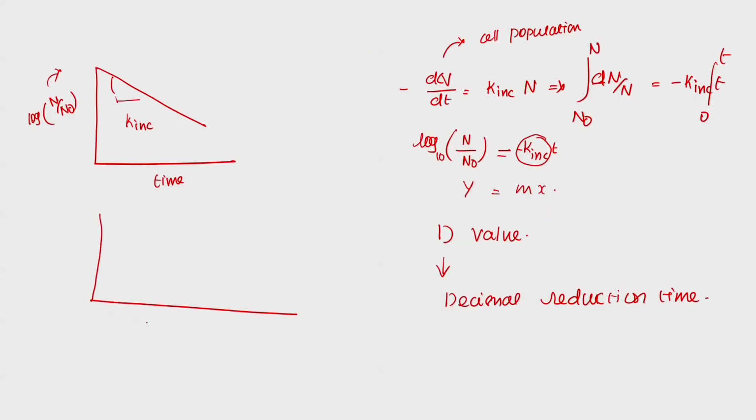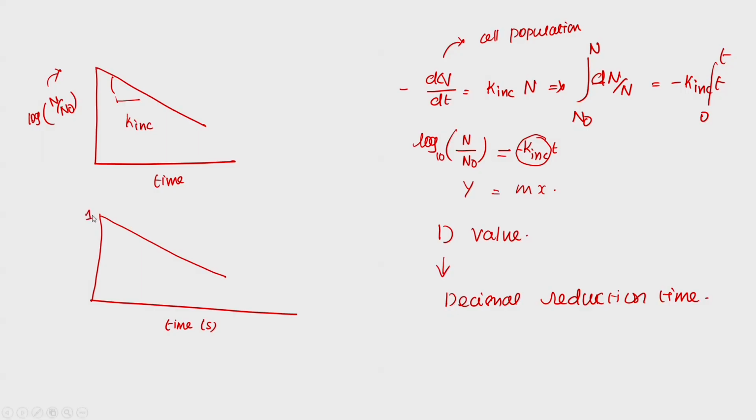So, for example, this is my time in seconds. This is my log of N upon N naught. So, this I have a slope, right. So, instead of this I will be putting in numbers so that you will understand it better.